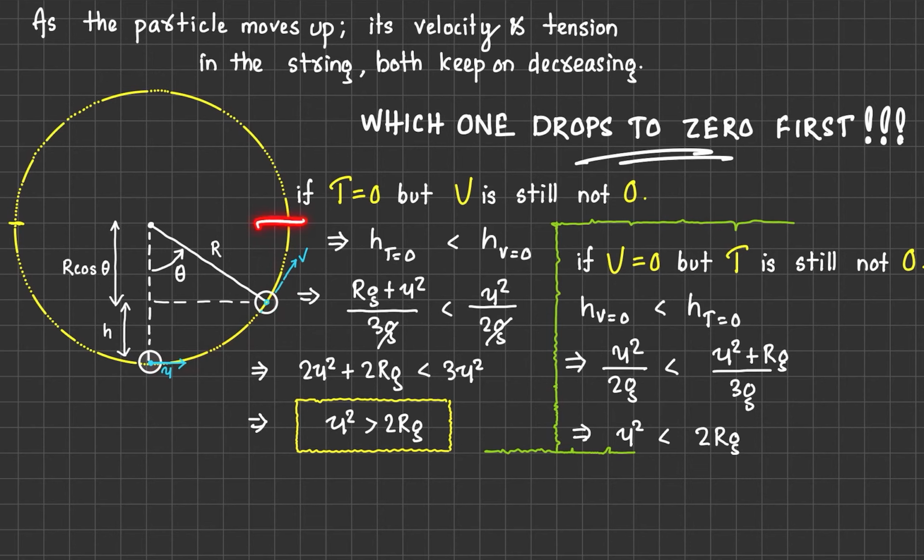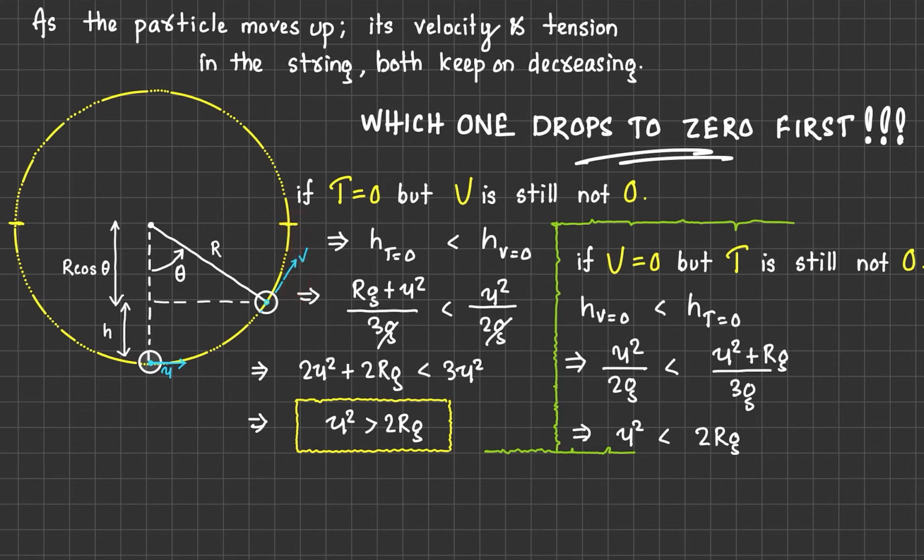But if the string comes out of the horizontal extreme point and moves up, in this case the mg sin theta component will be inward, so it will try to decrease the tension. So if there is a possibility of tension being 0, it is possible only above the horizontal extreme, and if there is a possibility of velocity becoming 0, it is only possible below this horizontal extreme.